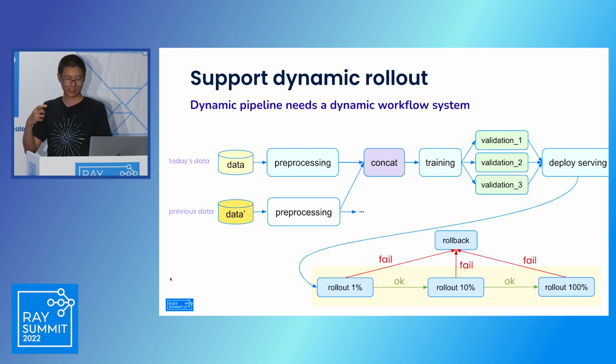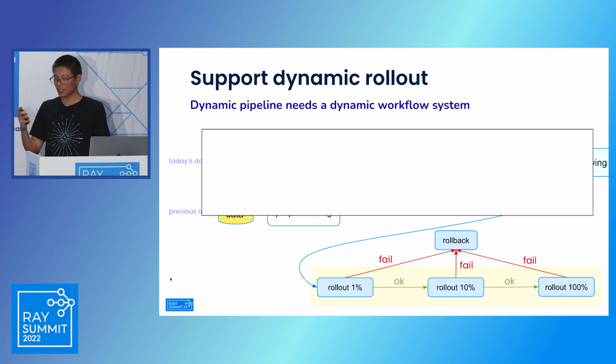So Ray Workflow not only supports these dynamic workflow tasks, it also guarantees durability when you're programming these dynamic tasks. So here we can see the pseudocode for this rollout.